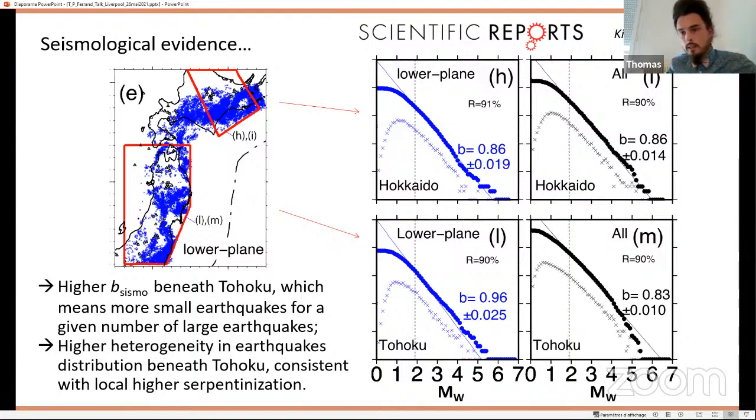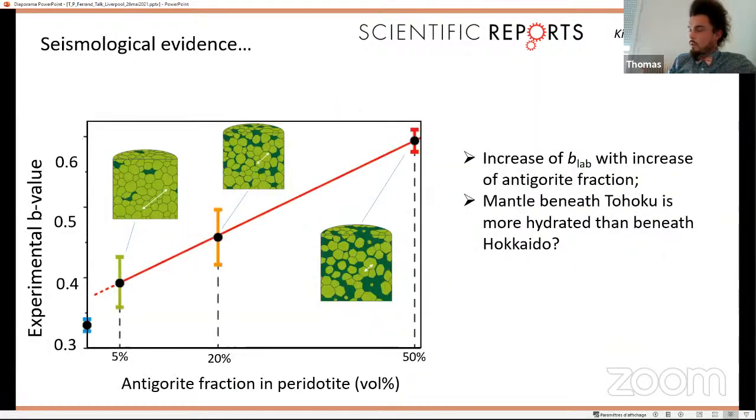And the only model that is able to explain this result that Seiko had for a long time is the dehydration-driven stress transfer model. I will explain.